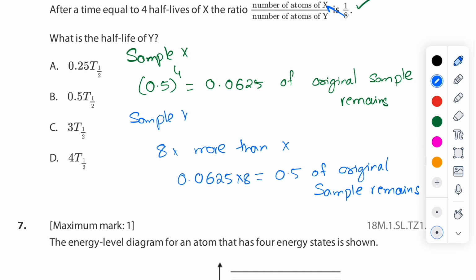So it means that 4 half-lives of X equals 1 half-life of Y.